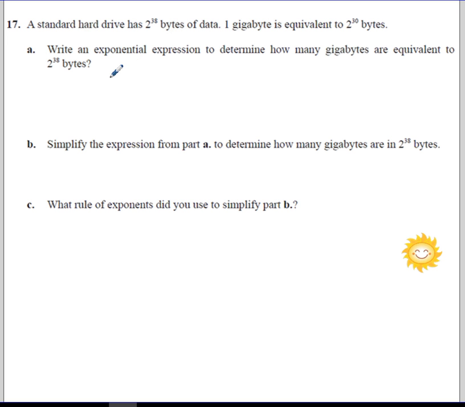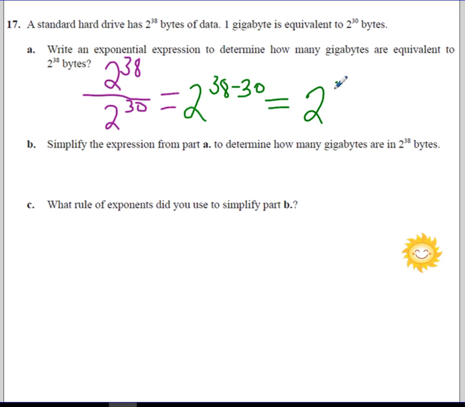So let's divide. We have 2 to the 38th power, and we're dividing it by 2 to the 30th power. We know that the rule tells us to subtract, so we'll have 2 to the 38 minus 30, which gives us 2 to the 8th power.